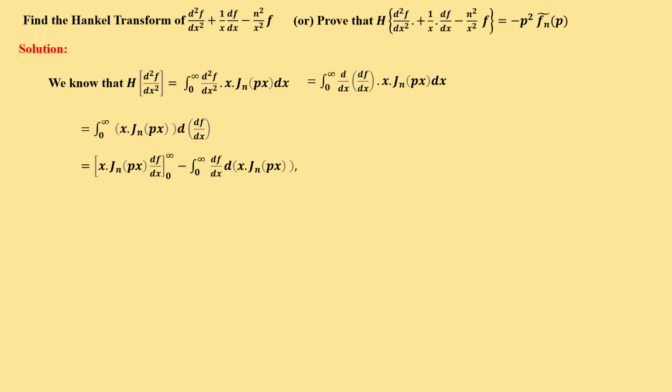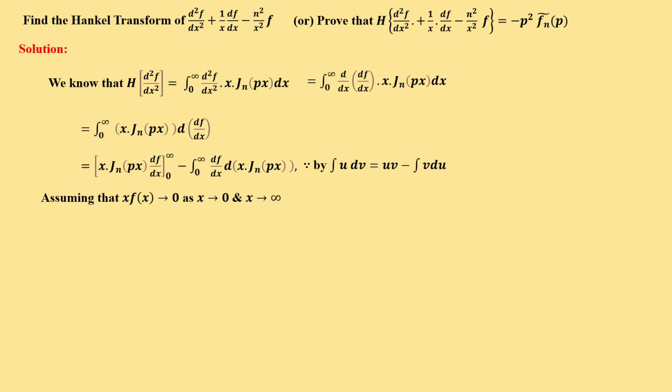Here u is equal to x Jₙ(px) and v is equal to df/dx. So the integral from 0 to infinity of u dv can be written as uv, that is x Jₙ(px) times df/dx, with lower limit 0, upper limit infinity, minus the integral of v du, the integral from 0 to infinity of df/dx times the derivative of x Jₙ(px), right?